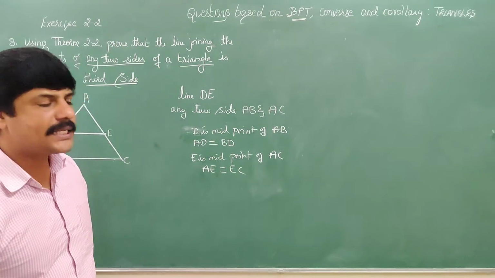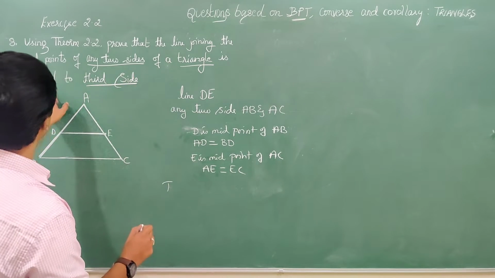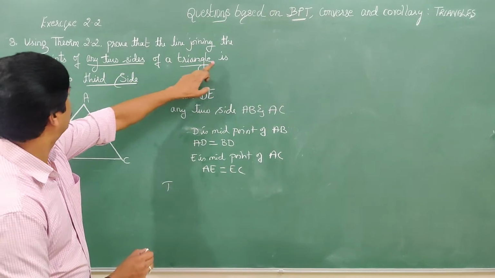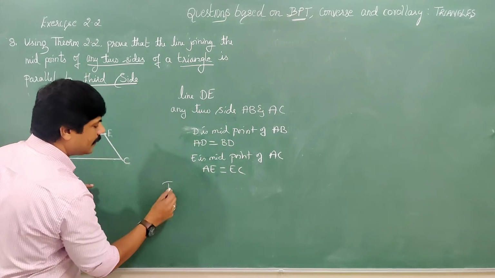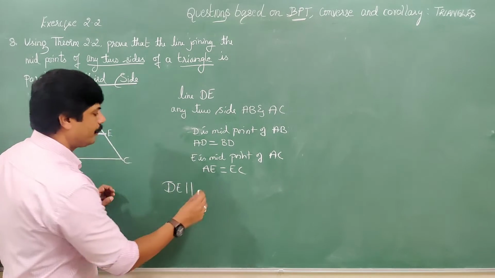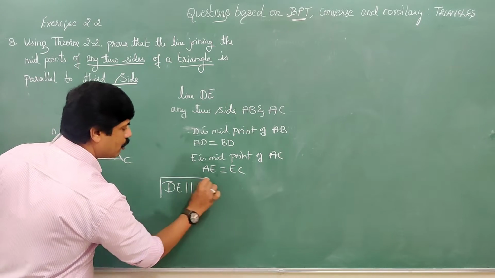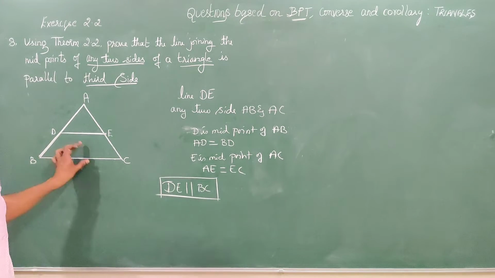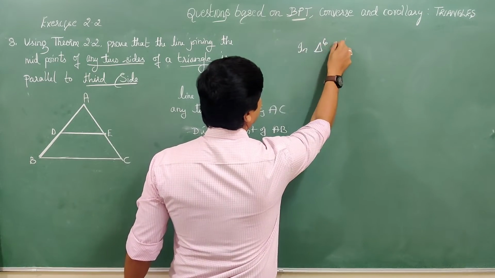What we need to prove is that this particular line DE is parallel to the third side. The third side is BC. This we have to prove. Now consider triangle ABC.